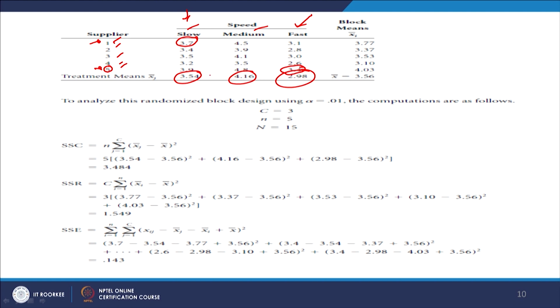So, you can have treatment null hypothesis for treatment, right, that all, let us say mu 1, mu 2 and mu 3, all these column means are same, right, and they are not same is alternative hypothesis, right. So, you need to test this hypothesis at 99% significance level or alpha is equal to 0.01, right.